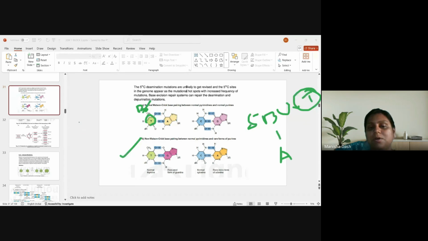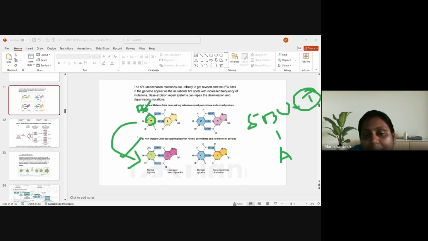Okay. So in the normal pairing, it will pair with adenine, but like the thiamine, if it undergoes tautomerism, instead of pairing with the adenine, the thiamine can pair with guanine.